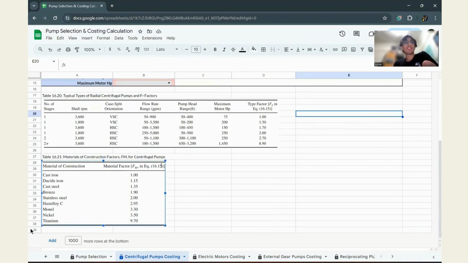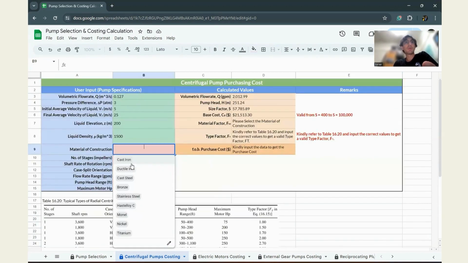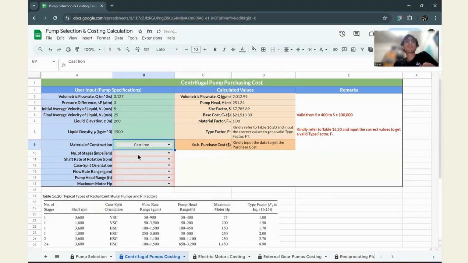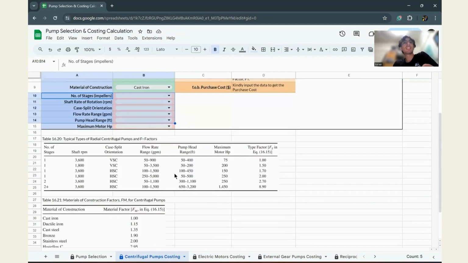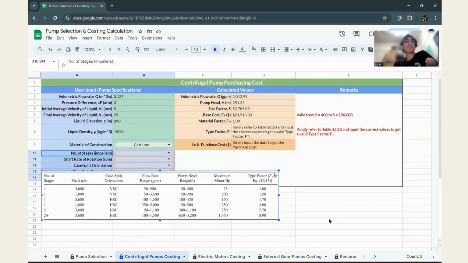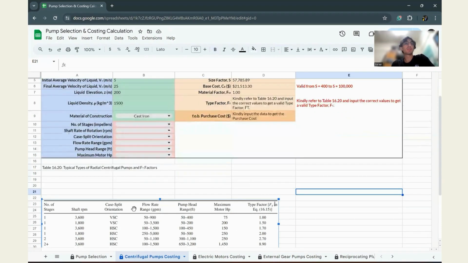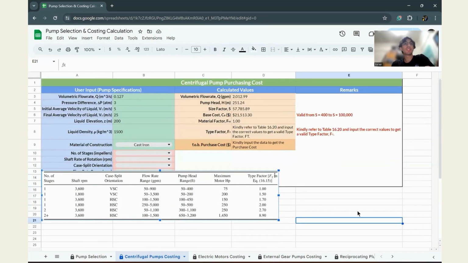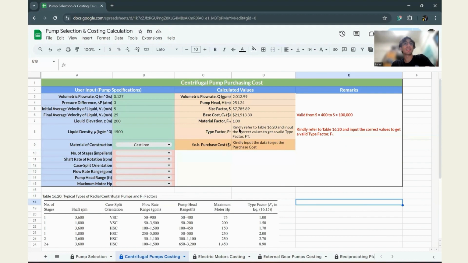Different materials will cost you differently because of the price. So let's say we want to go with cast iron, and then from here you need to refer to this table to be able to calculate the type factor.